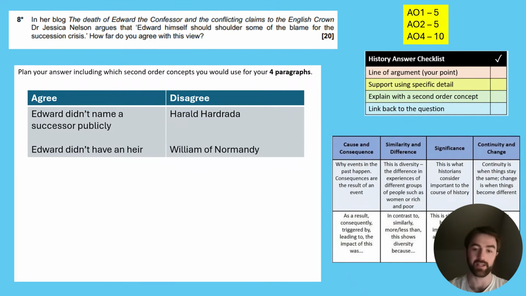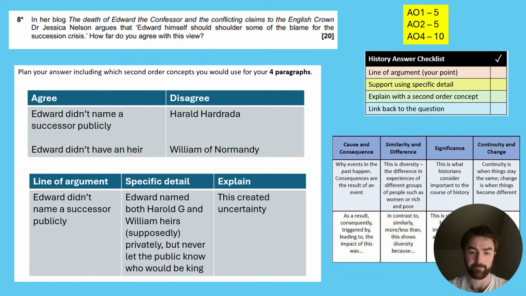It even says in the mark scheme that you need to consistently refer to key words used in the question. So that's what you'll be doing in your linking back to the question part, and that is how you'll get your AO4 marks.